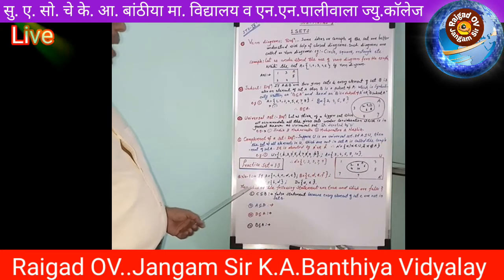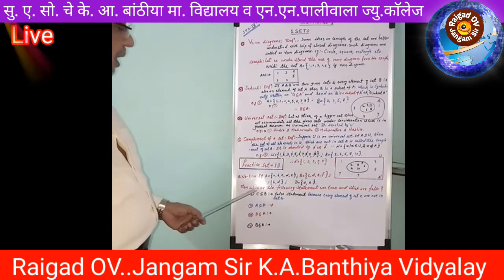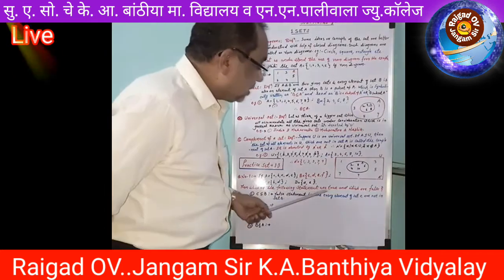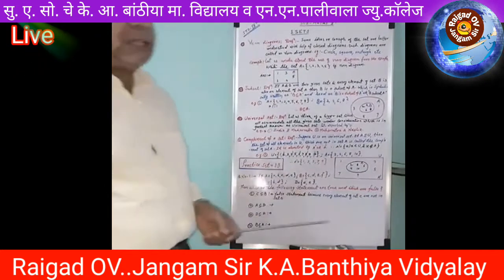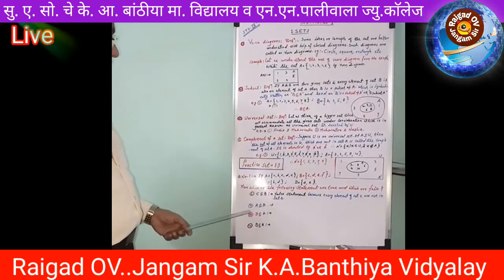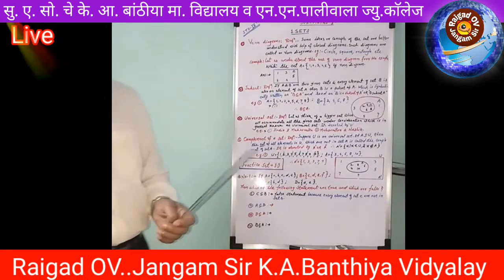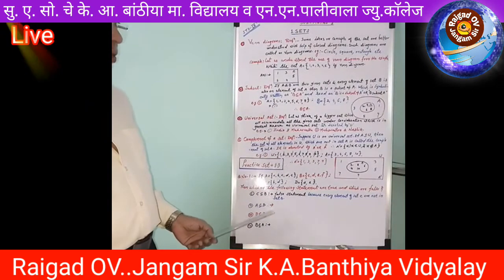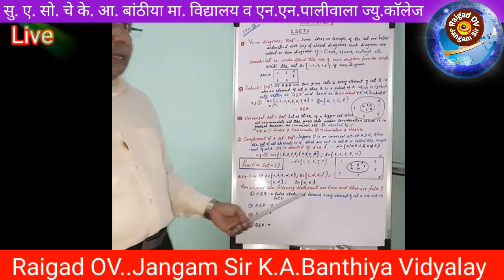From that we are asking a question like this. Which of the following statements are true and which are false? These 4 statements are given. One example I will solve for you.